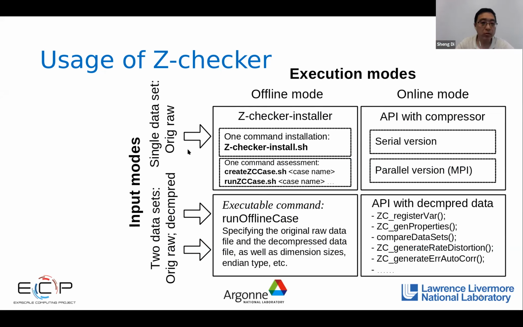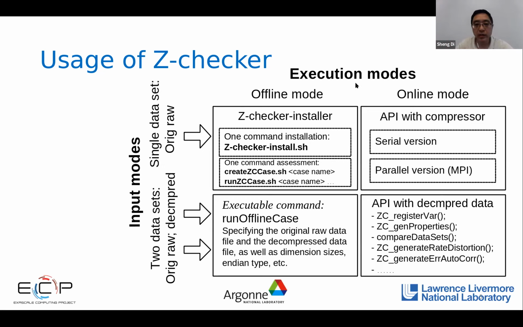Alternatively, if the user doesn't want to run the compressors by themselves, they can just input the original raw data to the Z-checker module, and Z-checker can automatically call different lossy compressors to perform the compression, decompression and analysis, and finally output the results for users.